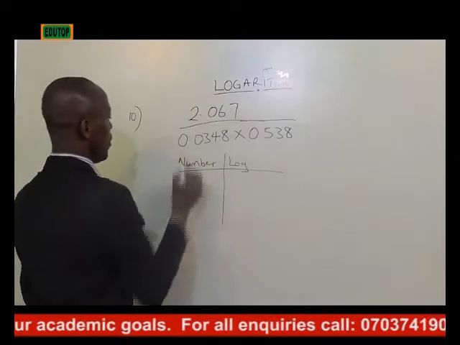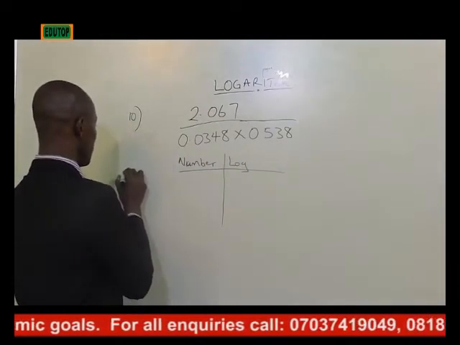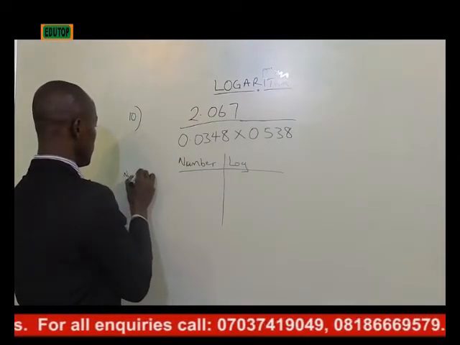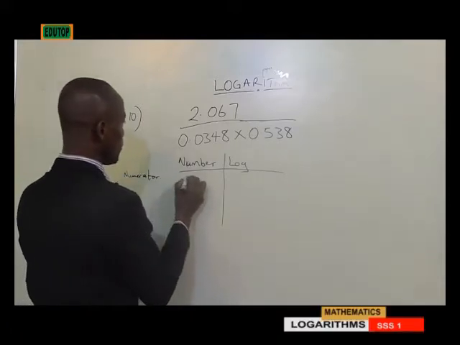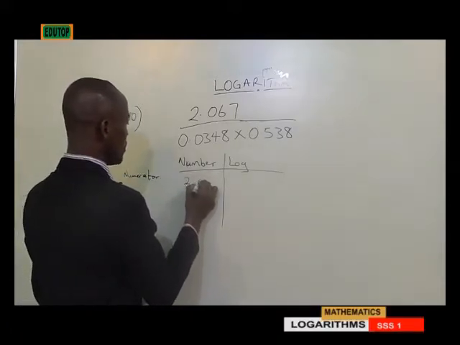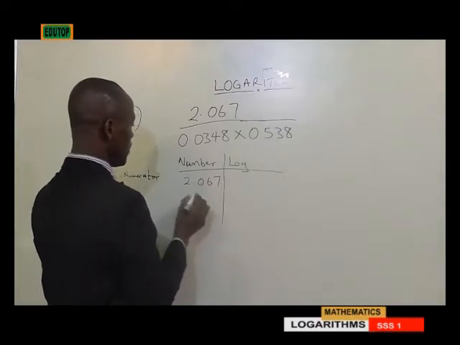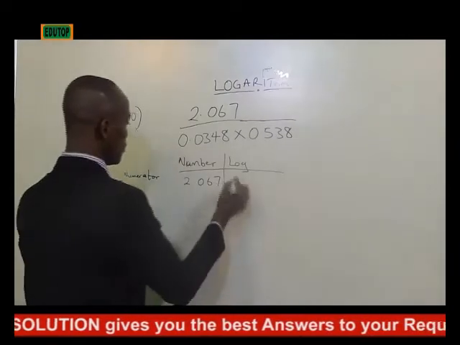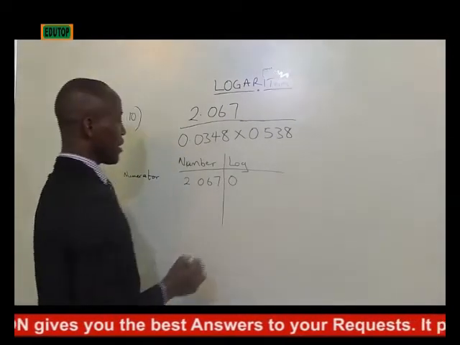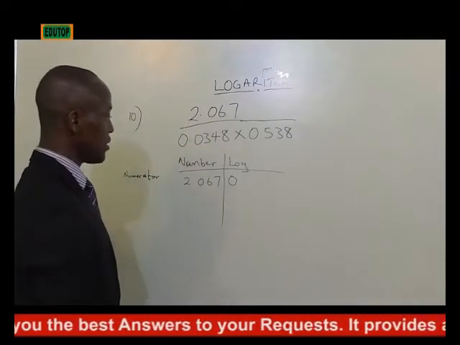Now, for our numerator, we have 2.067. We only have 1 digit before the decimal point, so that will be 0. Our characteristics, our integer is 0.